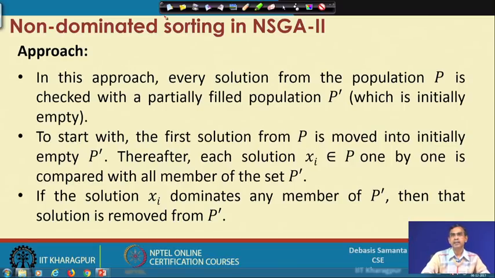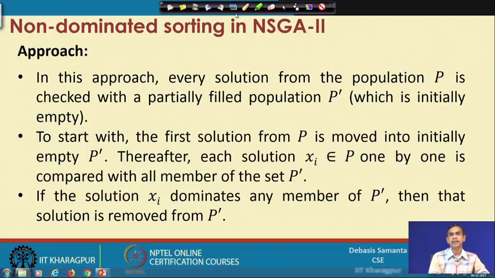Initially P dash is empty, and then we have to fill P dash with solutions from the non-domination front. So, P dash contains all the solutions belonging to the non-dominated front at any instant.